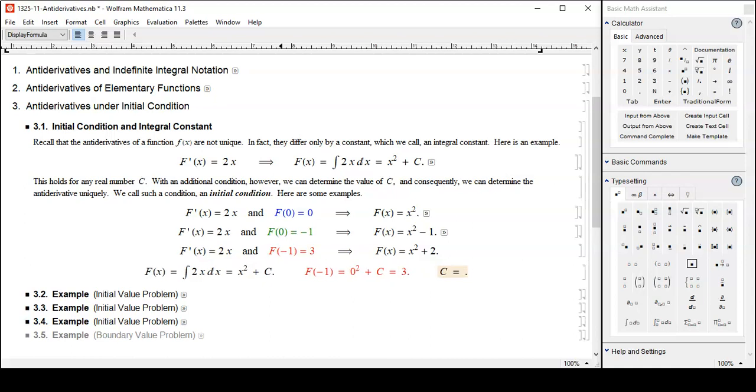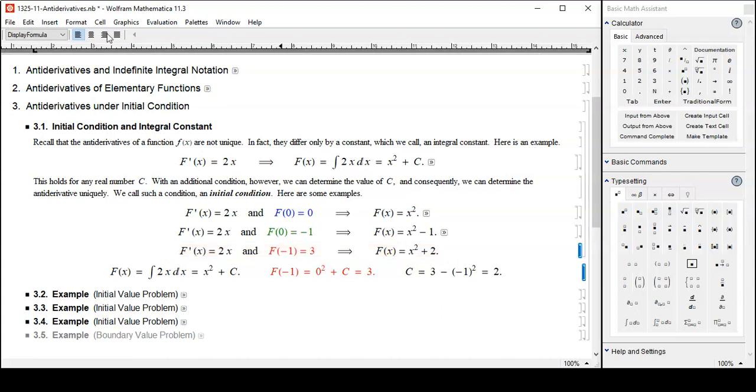So what is the c value? 3 minus of -1 squared, which is +1, so it's 2. So the answer is supposed to be x squared plus c. Yes, we have this antiderivative computation, but plus c is same as adding 2. So we end up with plus 2, and there goes the unique solution.